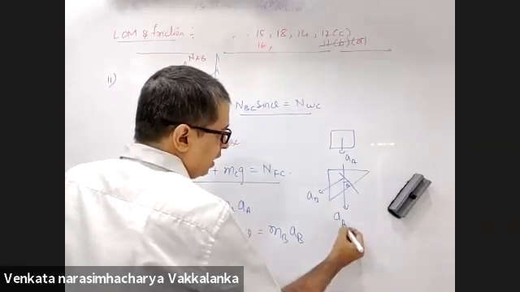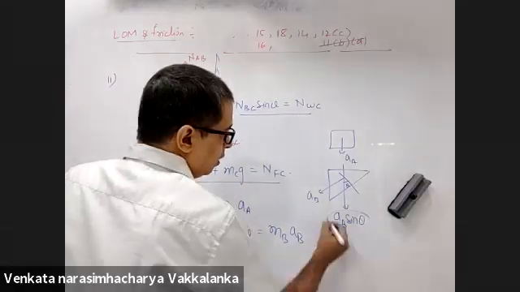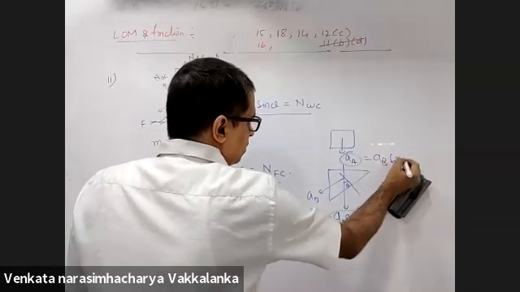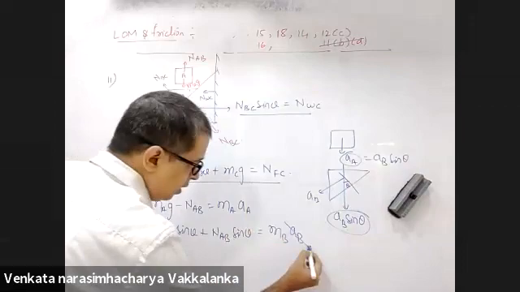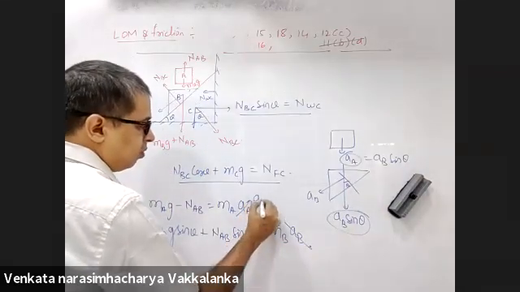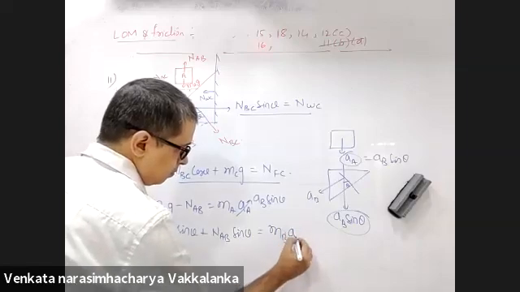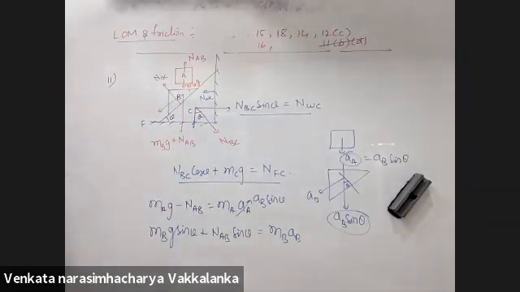So this will be AB sin theta, which will be equal to A. A is equal to AB sin theta. Right? Say something.